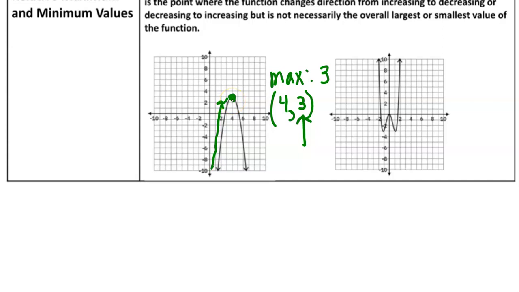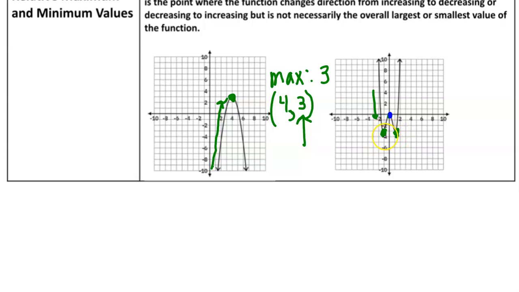This one here has 2 minimums. Notice these are both low points. You're going down, and then you end up going up. And this point here, this one right here in blue, is a maximum. The 2 in green are minimums.